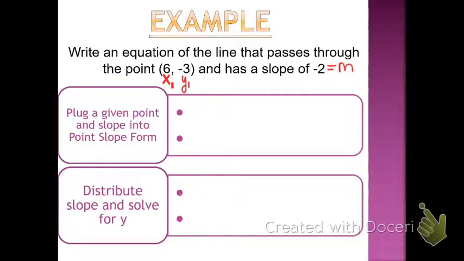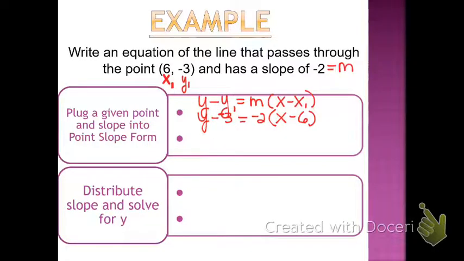So we're going to start with our formula for point-slope form, and we're going to plug in numbers for the three variables. Remember that the x and the y are not changing. The x sub 1 we said was 6, the y sub 1 we said was -3, and the m was -2.